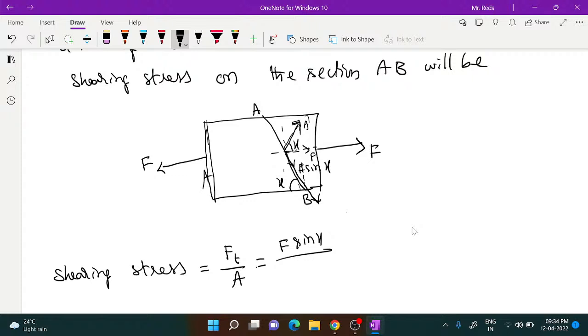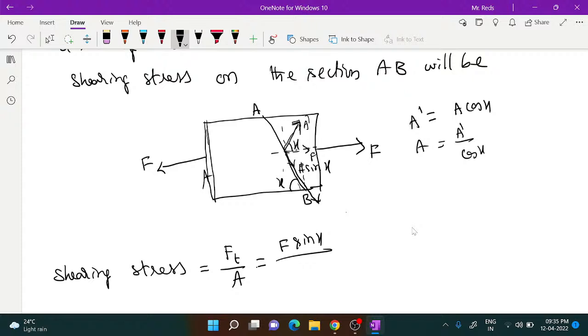The component of A dash along the normal is A dash cos x. So A is equal to A dash cos x, which means the area of the section is A by cos x.